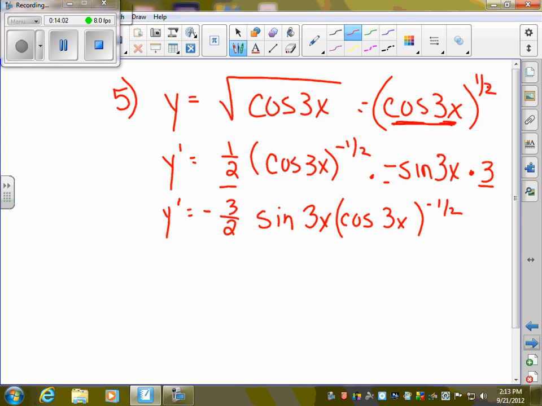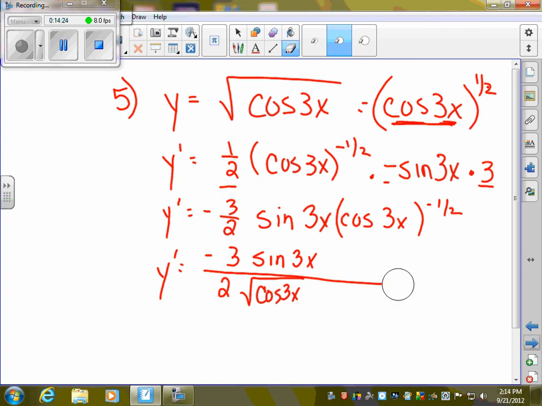Now rewriting that without any fractional or negative exponents, we have negative 3/2. The sine 3x is going to stay in the top because it's got no negative exponents. But then cosine 3x to the negative 1/2 goes to the bottom as the square root of cosine 3x. Okay, and that would be your final answer.